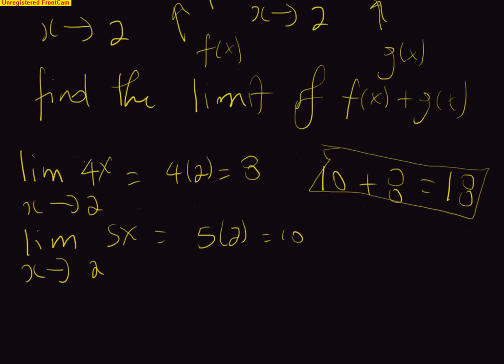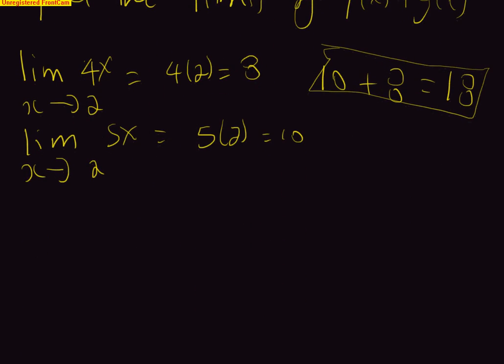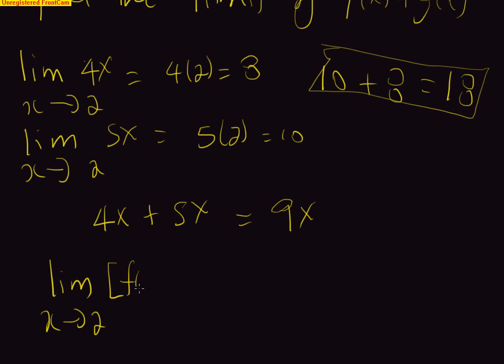Now, if we had gone ahead and added both functions first, so 4x plus 5x, we would end up with 9x. Therefore, the limit as x approaches 2 of f of x plus g of x would be equal to the limit as x approaches 2 of 9x.